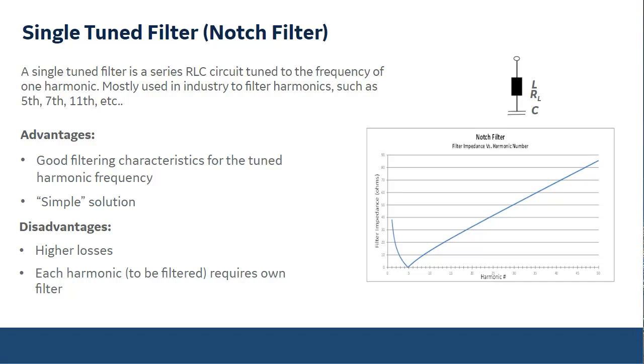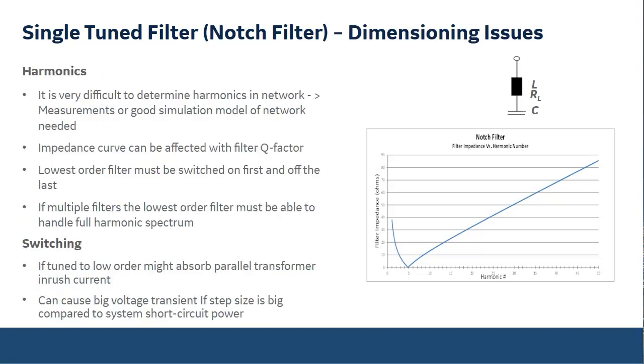Then some dimensioning issues when you place this to your network. It is very difficult to determine the harmonics, so measurements or a good simulation model of the network is needed here. Impedance curve can be affected with the filter Q factor, so we can change this a little bit by changing the Q factor.